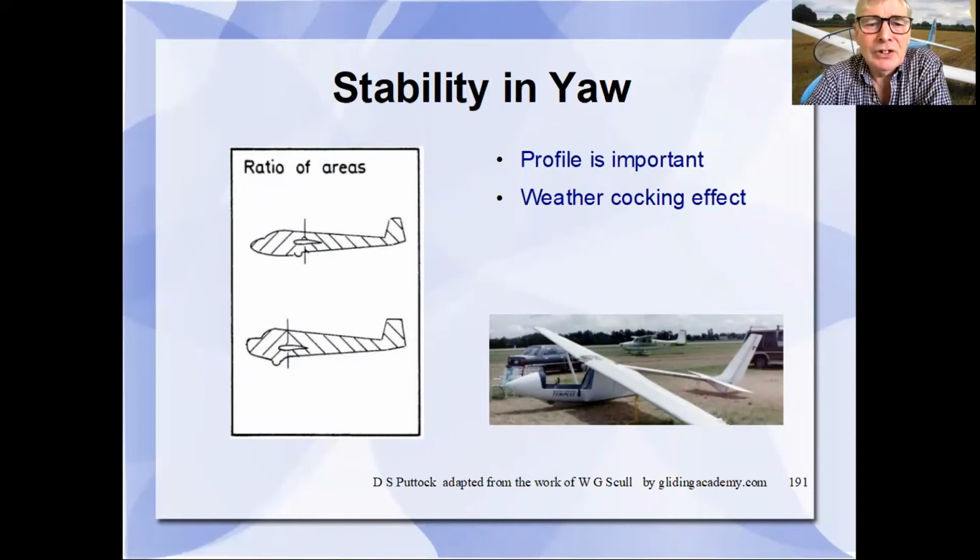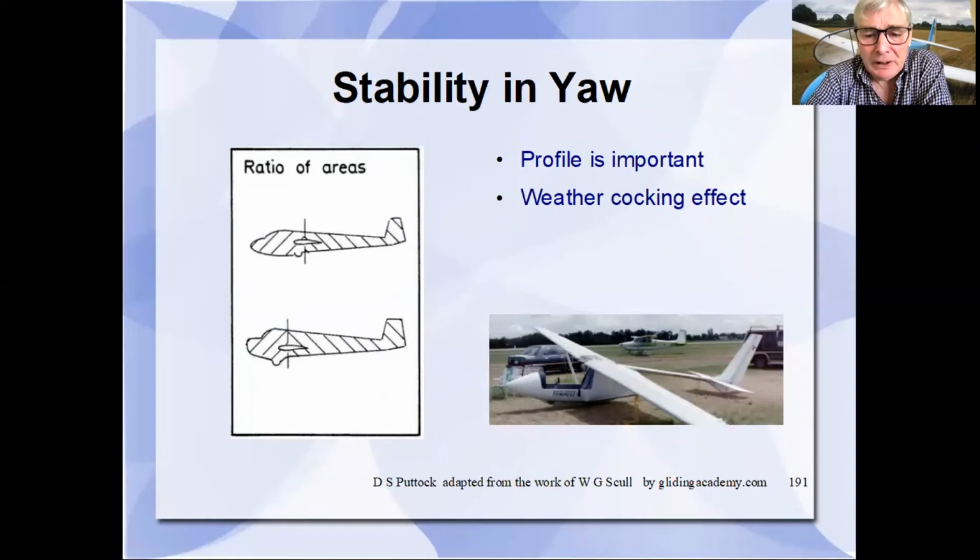If you look at these two diagrams on the left hand side, you can see that forward of the wing, the upper one has a smaller area of fuselage compared to the lower one, and if the aircraft is slipping, that has an effect on the weathercocking. So if the aircraft is slipping towards that lower wing, the fuselage will try to behave like a weather vane, but of course the area in front of the cockpit area will have the opposite effect.